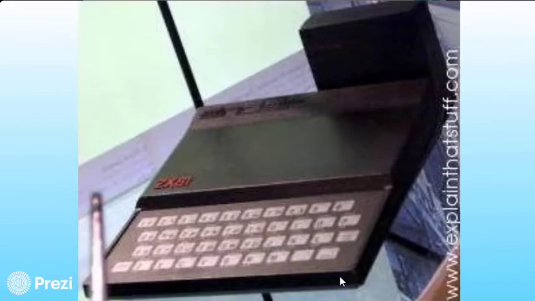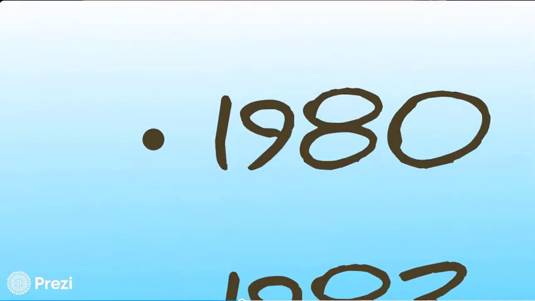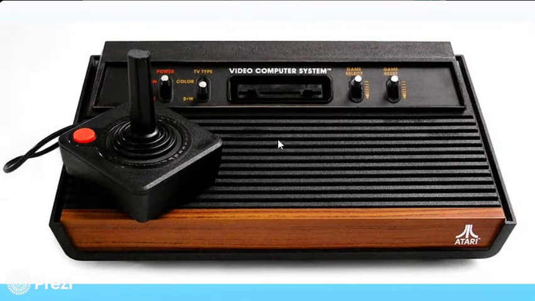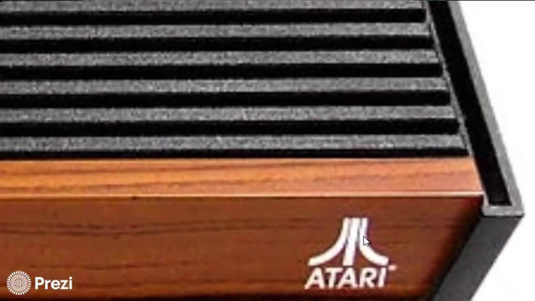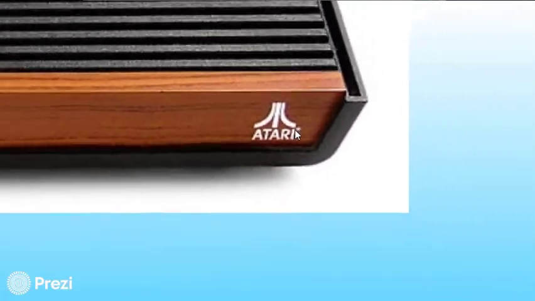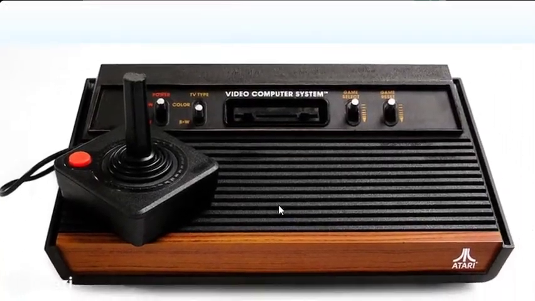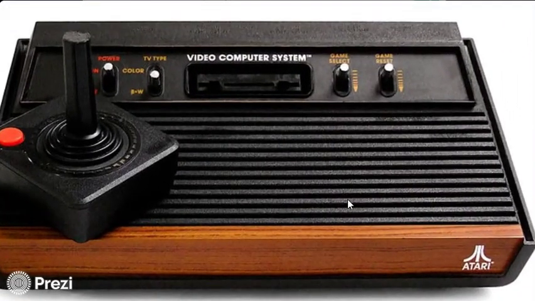Next one is 1980. As you can see here, it's like a video console, and this is the company that made it, Atari, more popularly known as the Atari 2600.